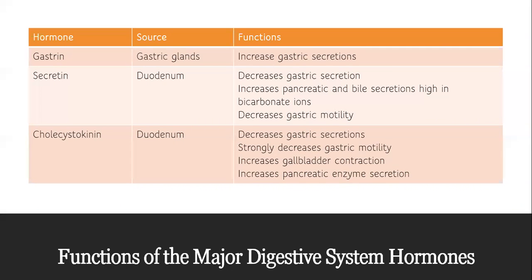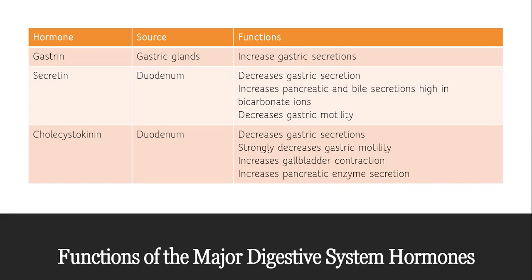So what are the functions of the major digestive system hormones? We have gastrin, which increases gastric secretion and which is secreted by the gastric glands. We also have secretin that decreases gastric secretion, increases pancreatic and bile secretion, and also decreases gastric motility.